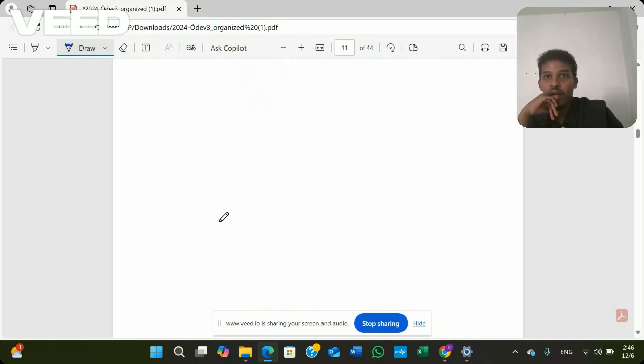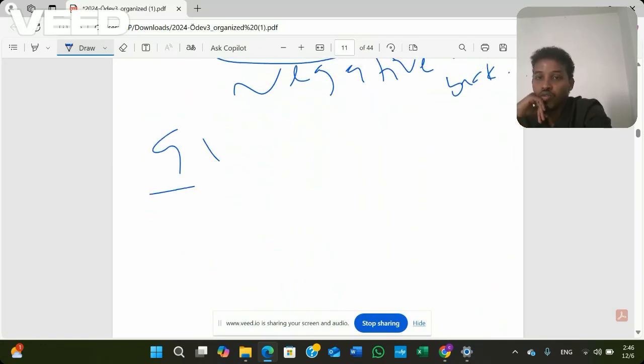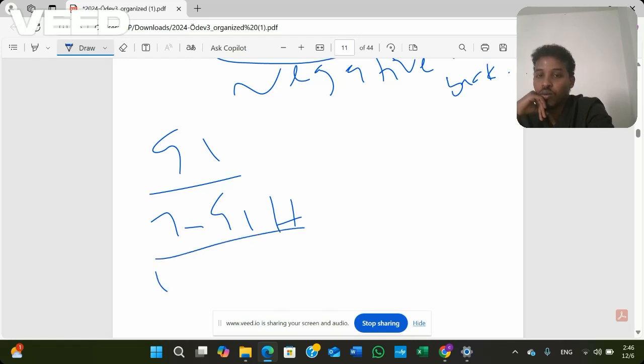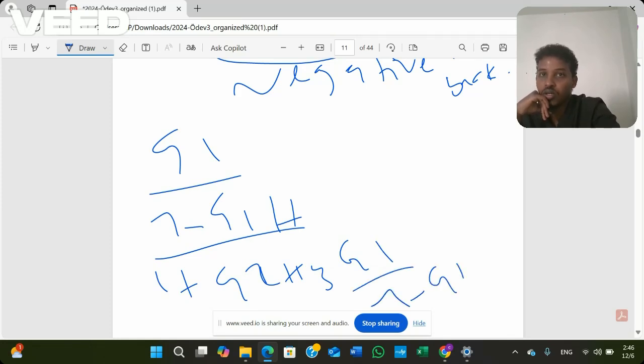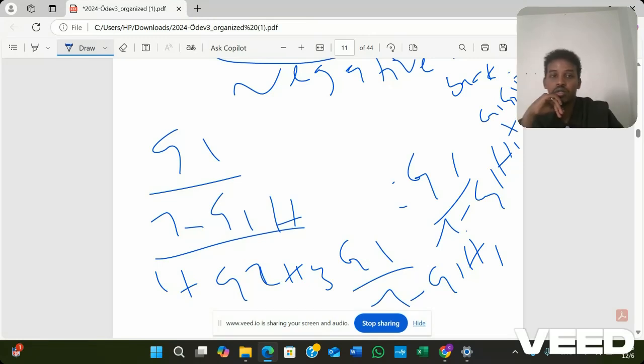I'm looking at the above negative feedback: G1 over 1 minus G1 H1 over 1 plus G2 H3. G1 over 1 minus G1 H1 is equal to G1 over 1 minus G1 H1 plus G1 G2 H3.